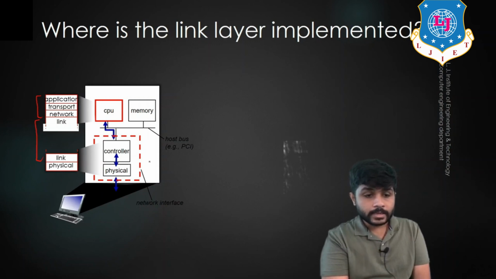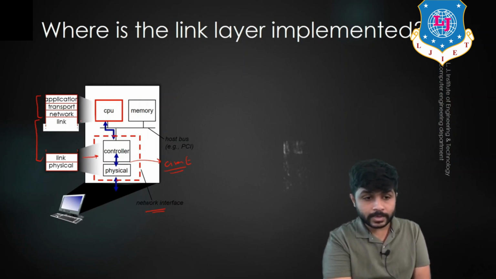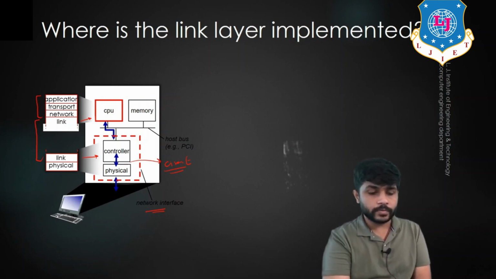You can see that this portion of the network interface is circuit. So the data link layer is present at the hardware level, in the circuit, as well as at the software level, in the ports. The data link layer is a combination of hardware and software.